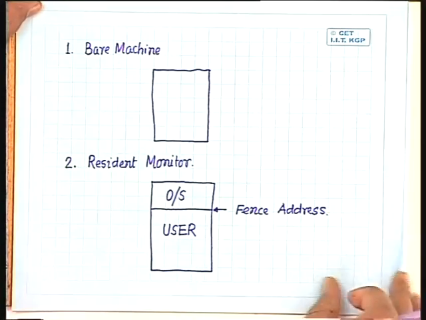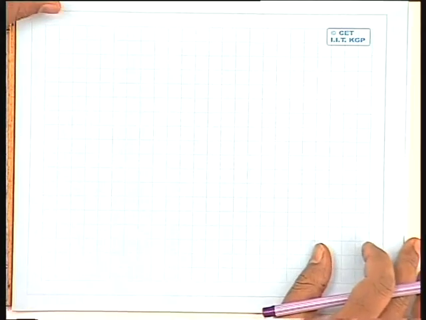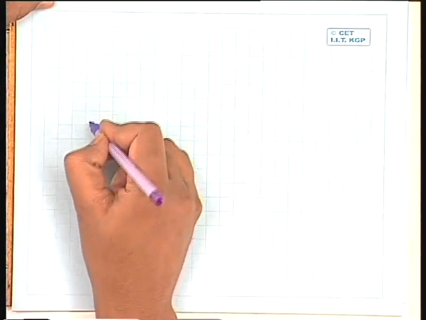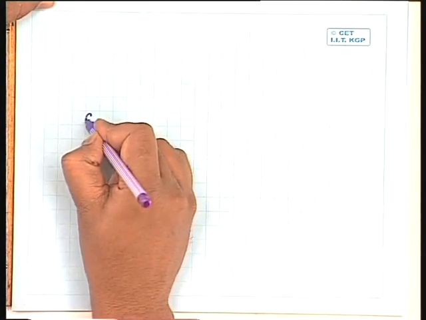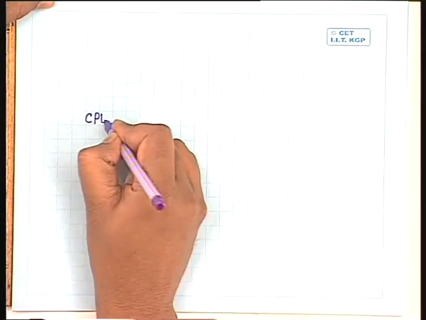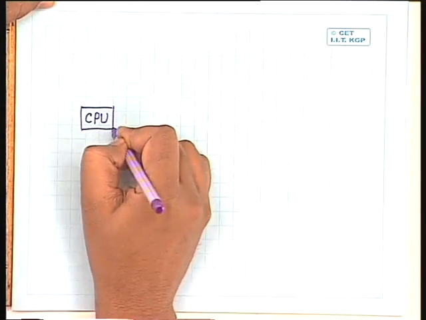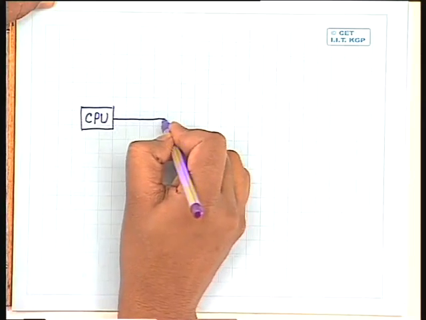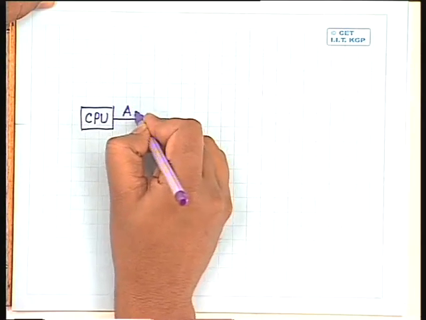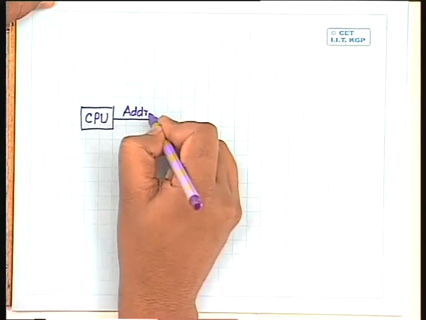Now the strategy will be something like this. While executing a user program, the CPU generates the address of the memory location that is to be accessed.